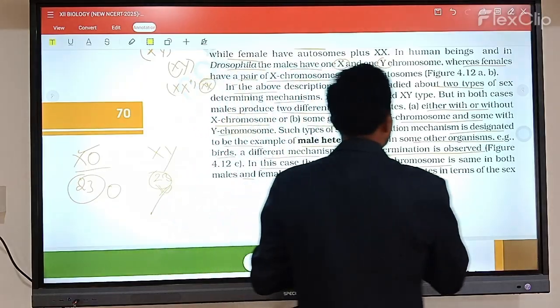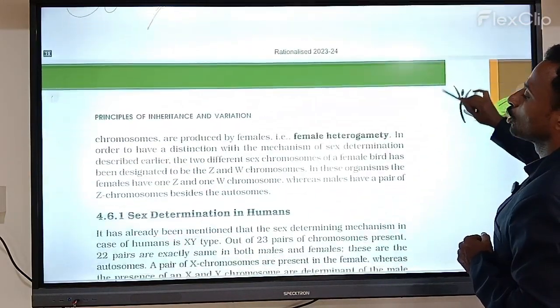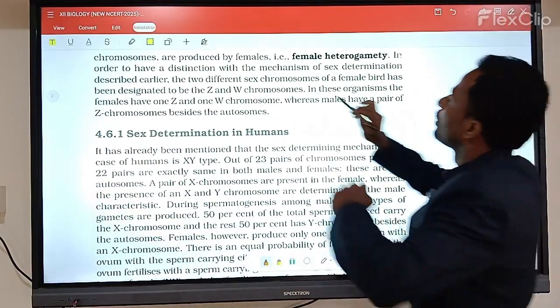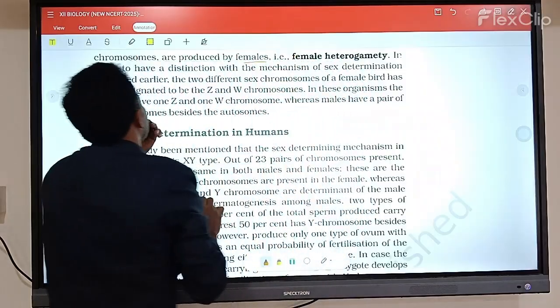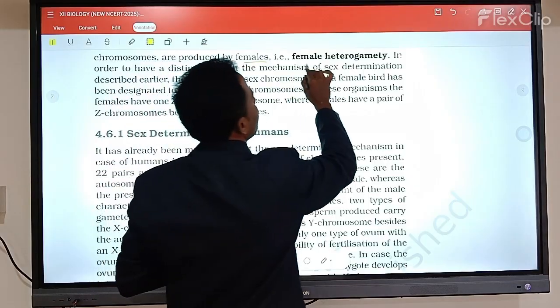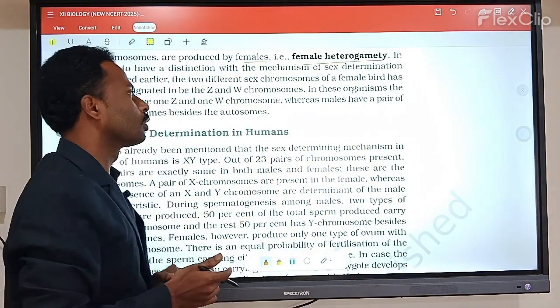But two different types of gametes are produced by the females, which carry the sex chromosomes. That is called female heterogamy: the females produce two different kinds of gametes.